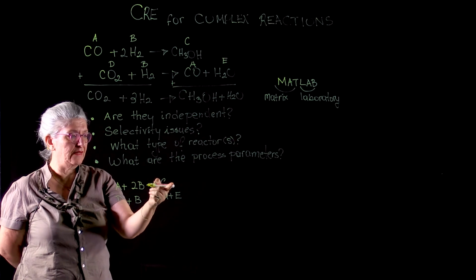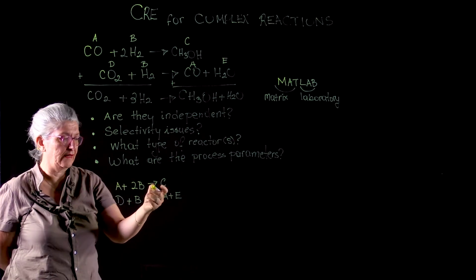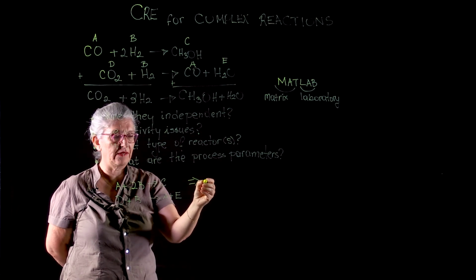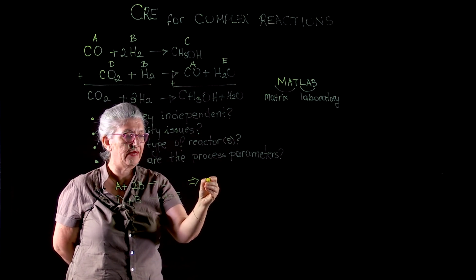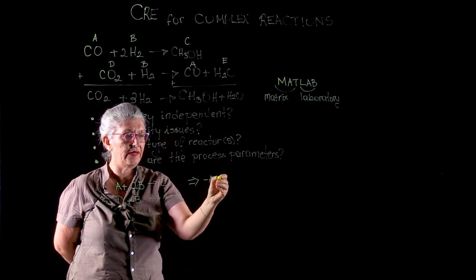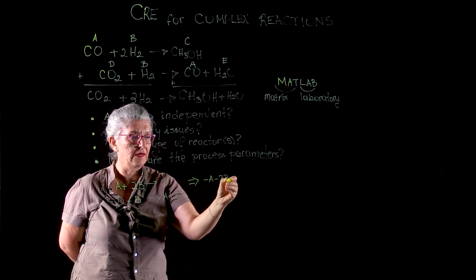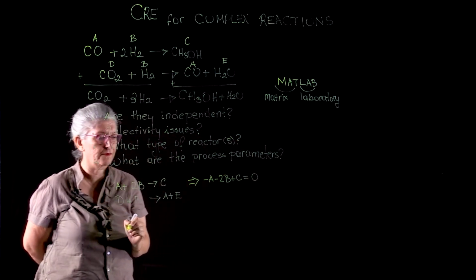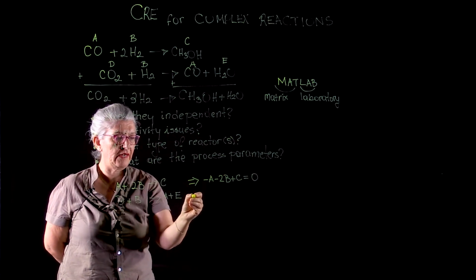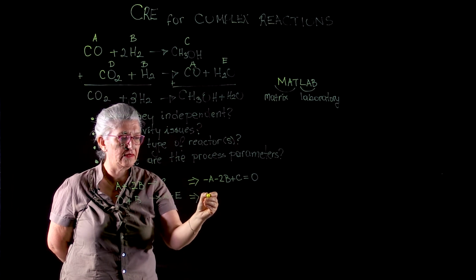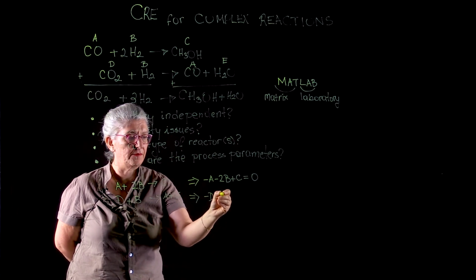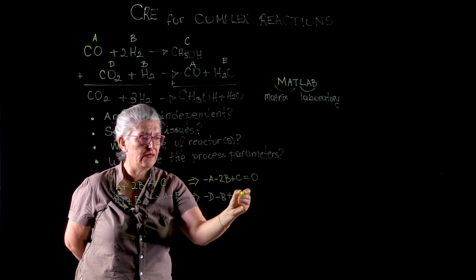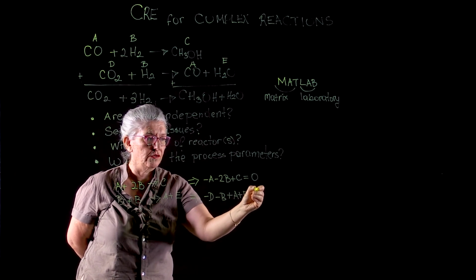These reactions in algebraic notation can be written as minus A minus 2B plus C equals 0. This can be written as minus D minus B plus A plus E equals 0.